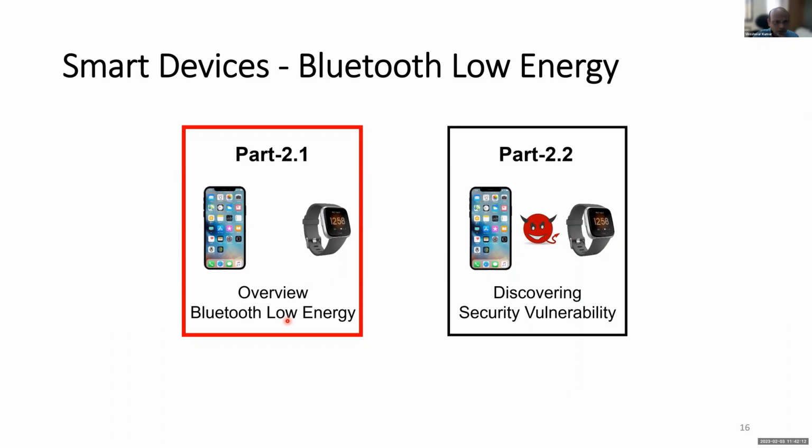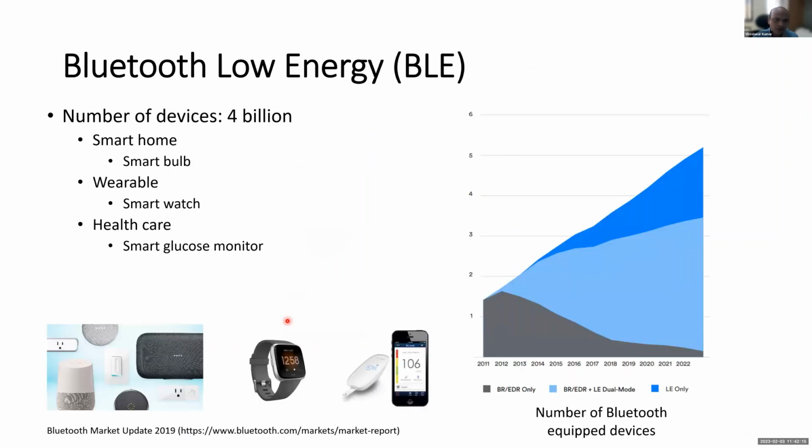Okay, so now if you look around yourself, you will see that Bluetooth Low Energy is the most prominent communication protocol these days. Whether it is a smart home, wearables, healthcare related issues, or the Arogya Setu app that you had used, all of them utilized the Bluetooth Low Energy protocol.